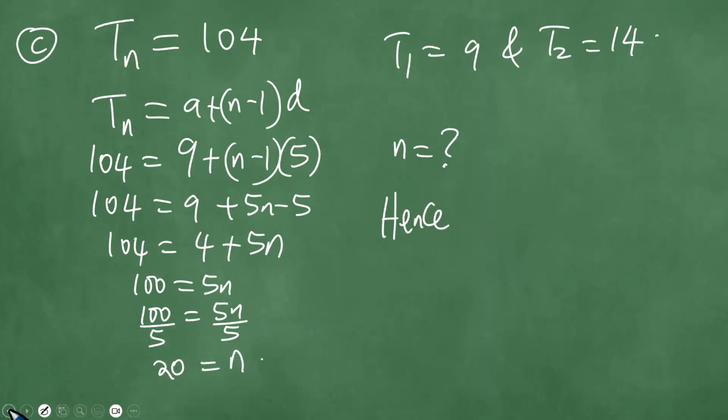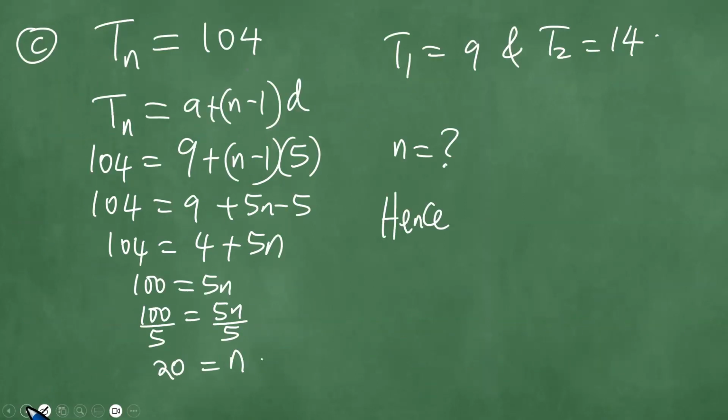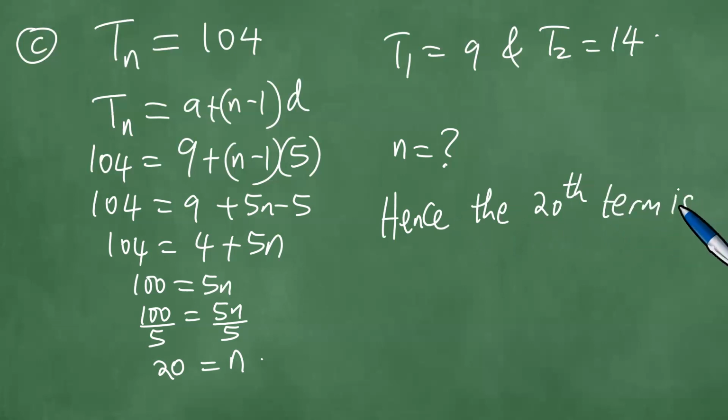Because the question was, which term of the sequence is equal to 104? Hence, the 20th term is 104.